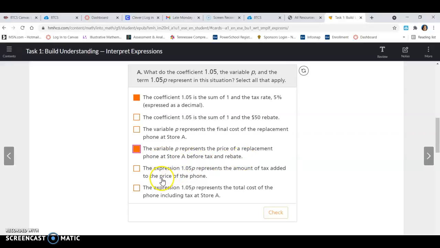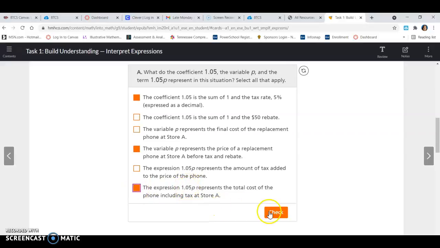And then the last two say the expression 1.05p represents the amount of tax added to the price of the phone. The expression 1.05p represents the total cost of the phone, including tax at the store. So we said the phone cost 1 times whatever the phone cost, and then the 0.05 represents the tax.